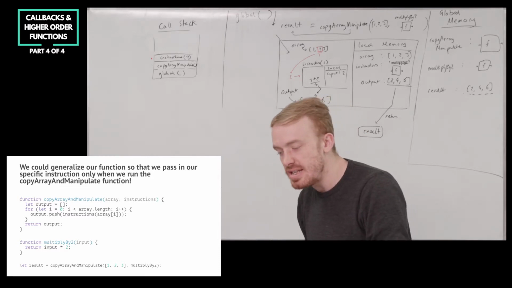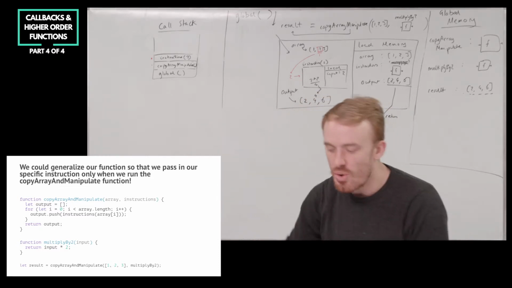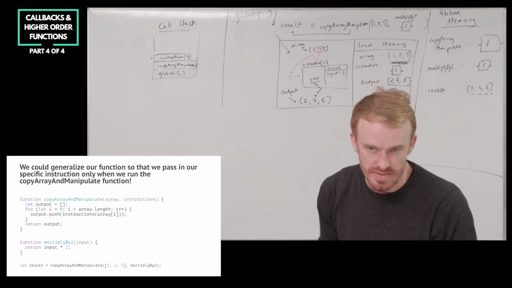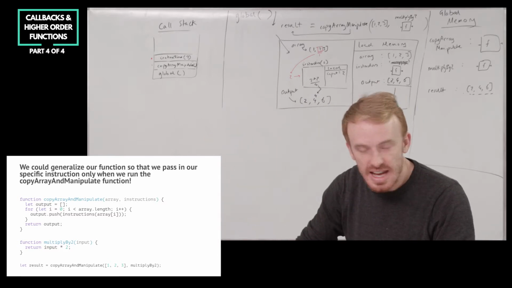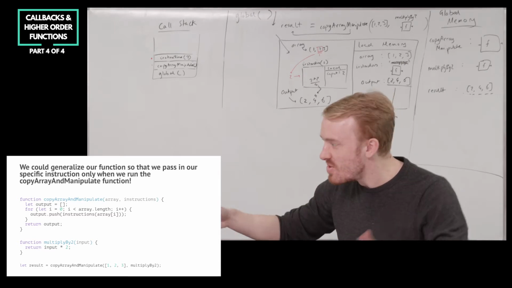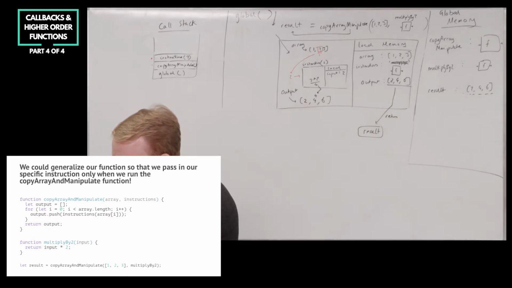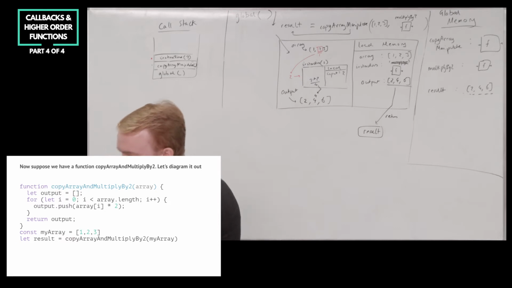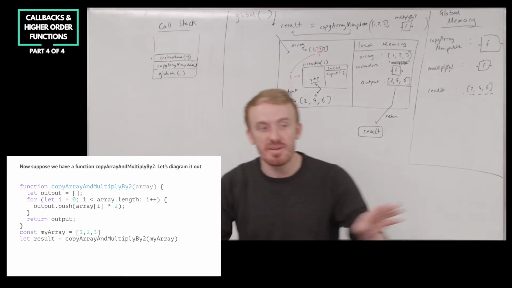And we can pass in, therefore, multiplyBy2 as a function, or add3 as a function, or divideBy2 as a function. We can pass those in, allowing us to have one general function, because all the code was the same. If you look back to copyArrayAndMultiplyBy2, copyArrayAndDivideBy2, copyArrayAndAdd3, all the function code was the same.